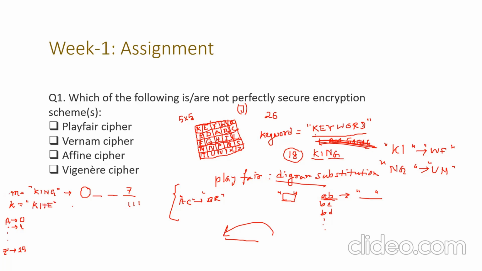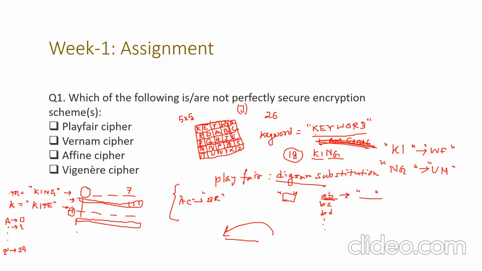Again, each letter occurring in the key also has some numeric value in the English alphabet. The positional values for K, I, T, and E are taken, and each of them is converted to its corresponding binary value. So all the 4 letters have the binary representation of their positional value. And for the key also, you get its binary value, and then you XOR them.